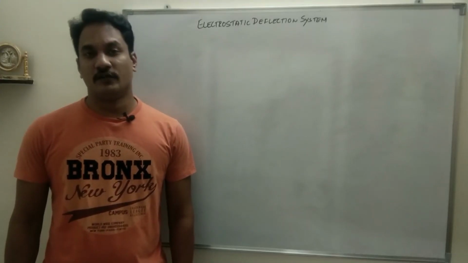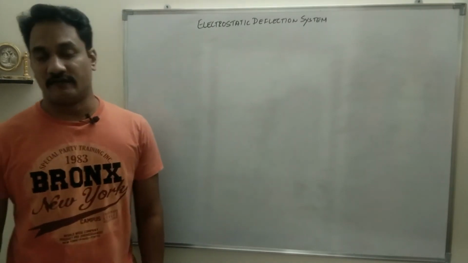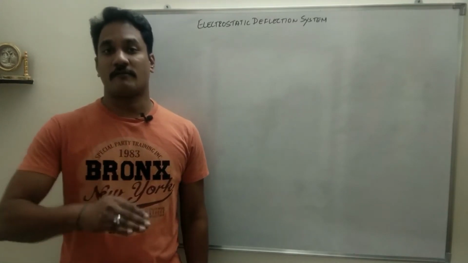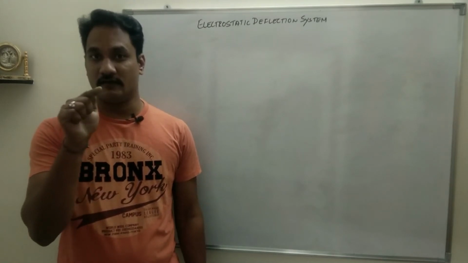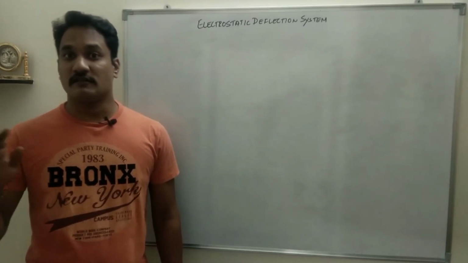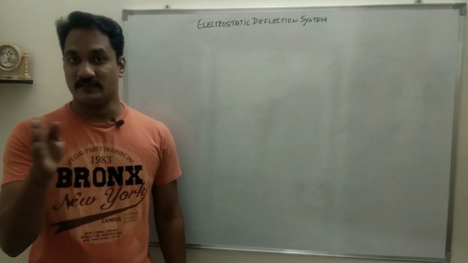Next, continuing with the cathode ray tube, we will try to understand the electrostatic deflection system. Of course, for forming an image on the screen, basically what the CRT is doing is forming a dot on the screen, right? But to form an image on the screen, the dot has to be moved on the y-axis as well as the x-axis.